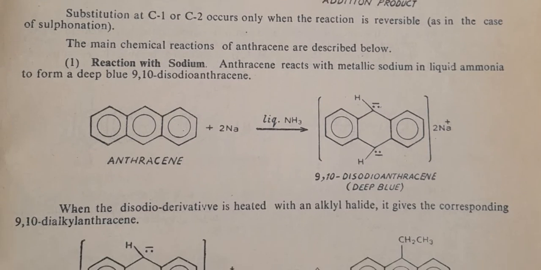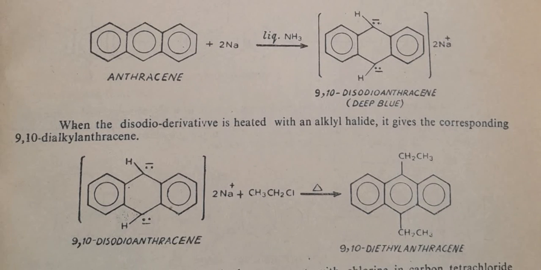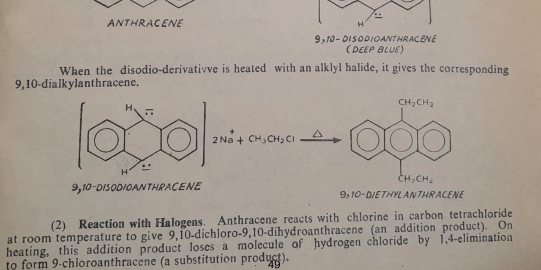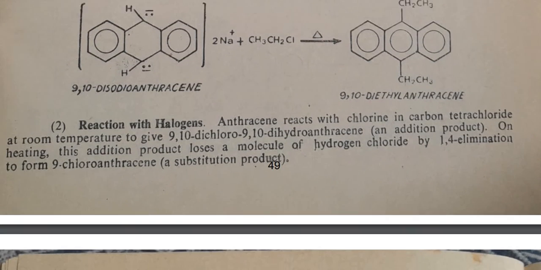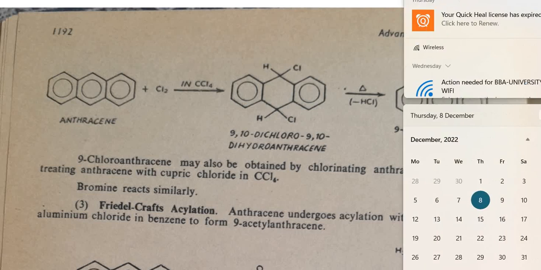Now look at the reactions. Anthracene gives 9,10-disodioanthracene, deep blue, and this product reacts with ethyl chloride to give 9,10-diethylanthracene. Reaction with halogen gives first the addition product, then the substituted product 9-chloroanthracene.